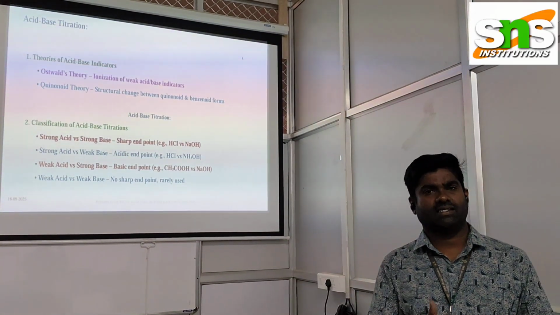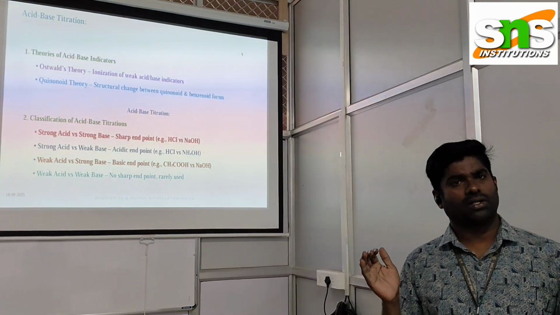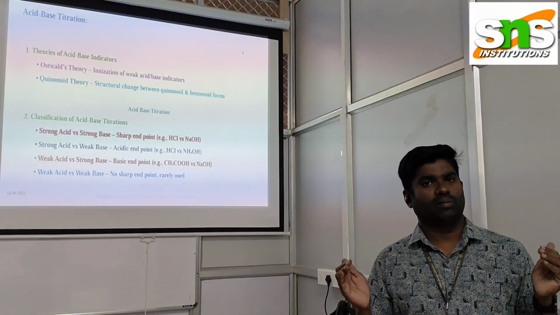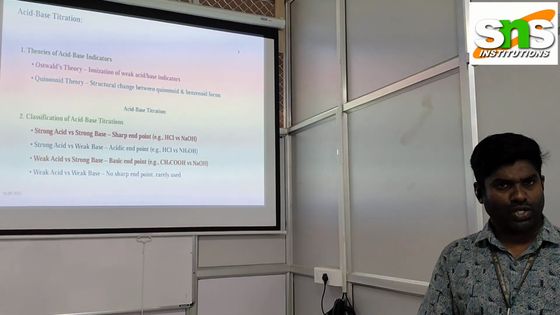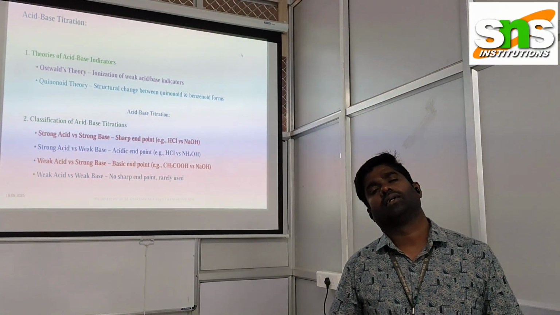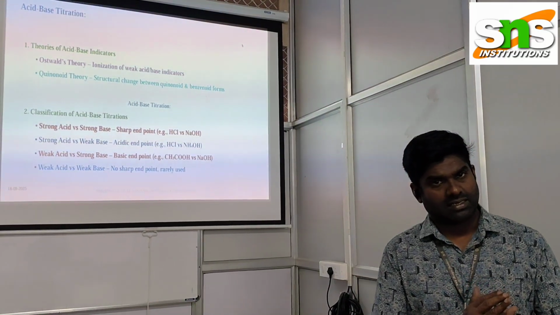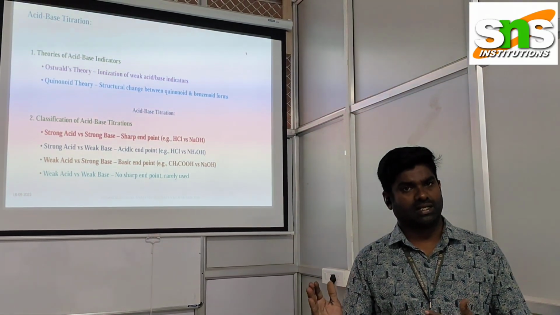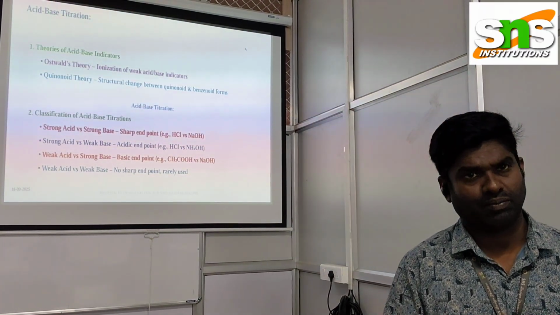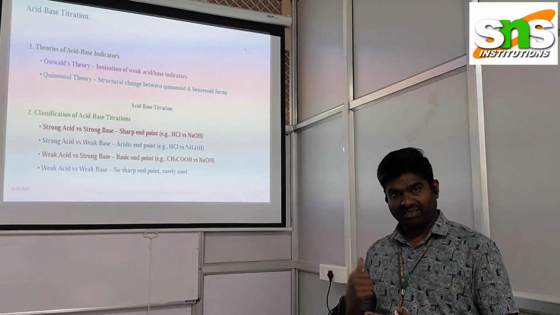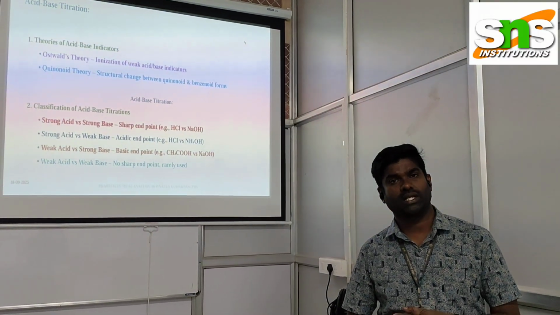We are selecting acid and base. We know the pH scale; I guess you know the basic information about it. pH 1 to 6.9 is acidic, 7 is neutral, and 7.1 to 14 is basic. Here we classify pH 1 to 3 as strong acid, for example hydrochloric acid, sulfuric acid, and HNO3.